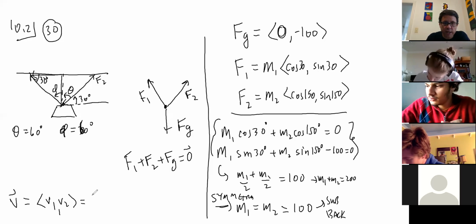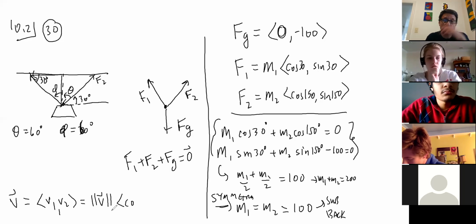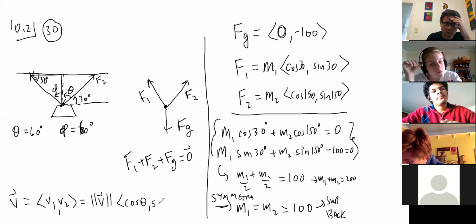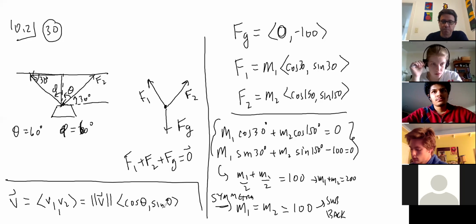Or you can write it as the length of V, which is kind of like the magnitude, which is not a bad idea to think of, magnitude of a vector, in the magnitude of the force. You don't use this enough, but you probably should. That makes sense.